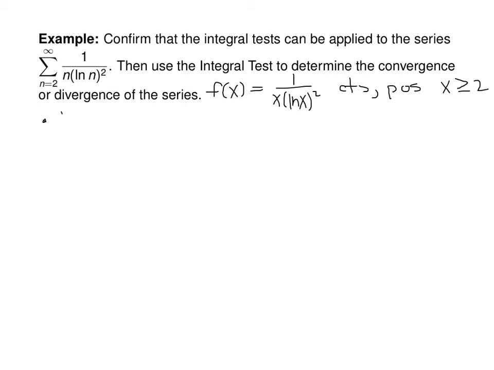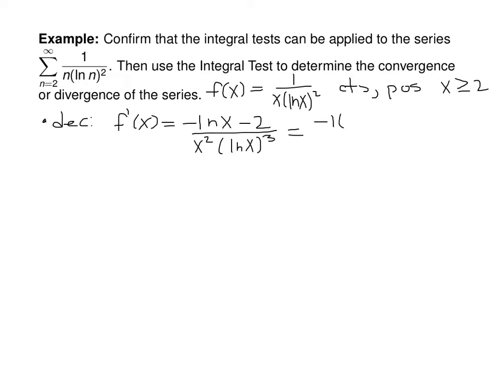This is not continuous at x equals 1, as I said earlier, because the denominator would be 0. Now to test for decreasing, f prime of x is equal to negative ln x minus 2 over x squared times ln x to the third, same thing as negative 1 times ln x plus 2 all over x squared times ln x cubed.